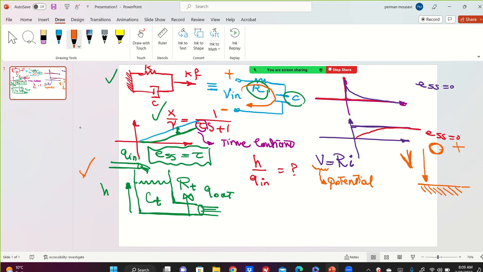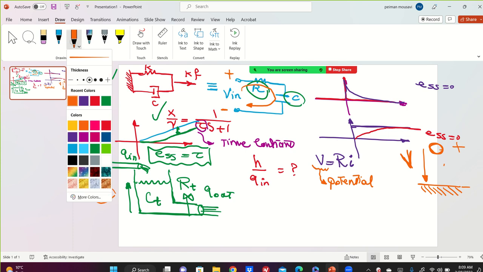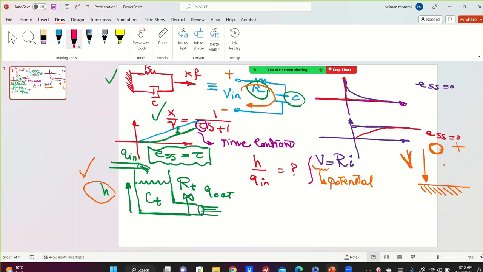Q in, CT, RT, Q out, H, based on whatever is defined and based on this example. What's the potential? Yes, exactly. So in analogy with that, I'm writing exactly like this.